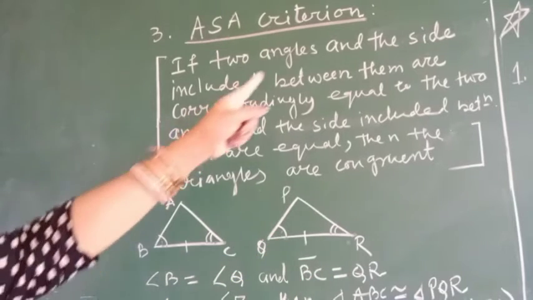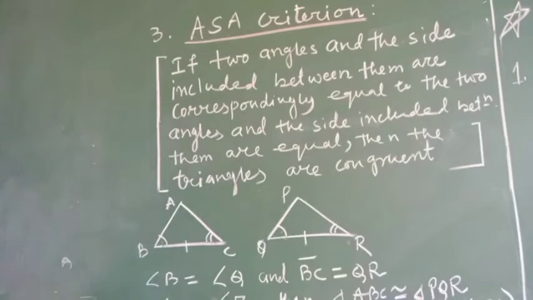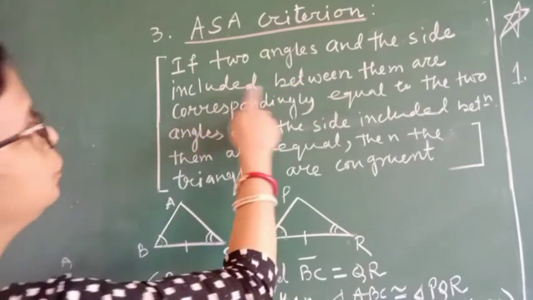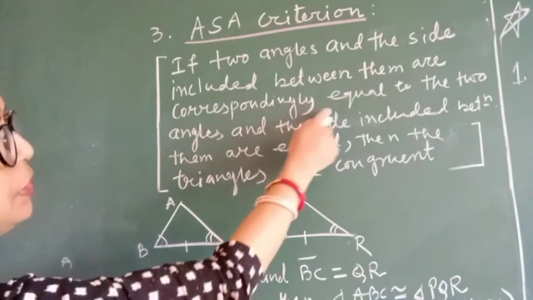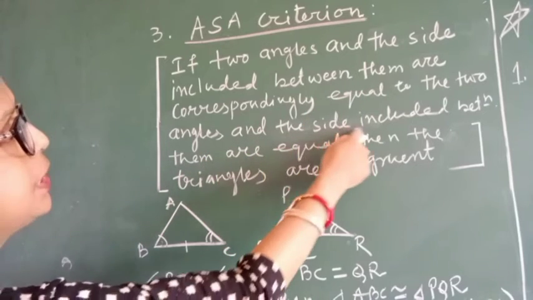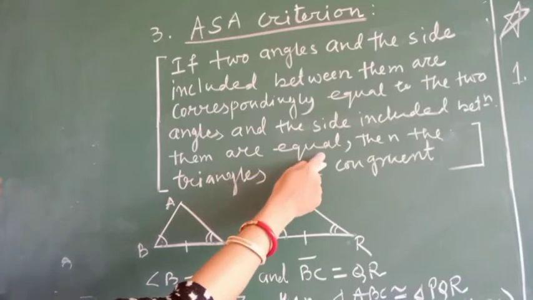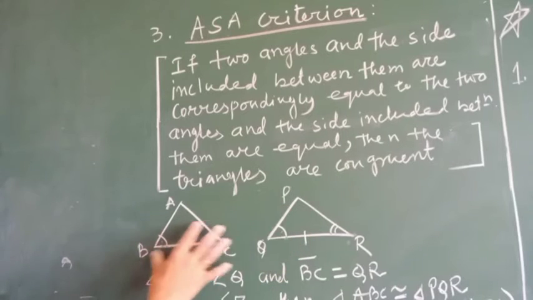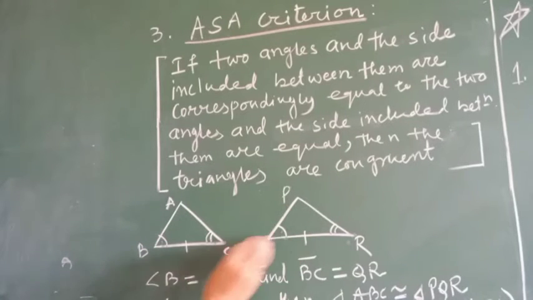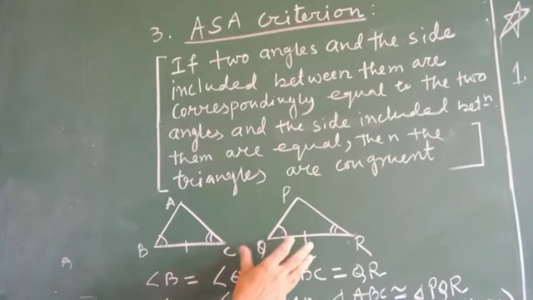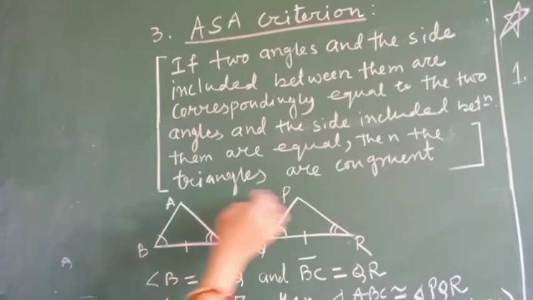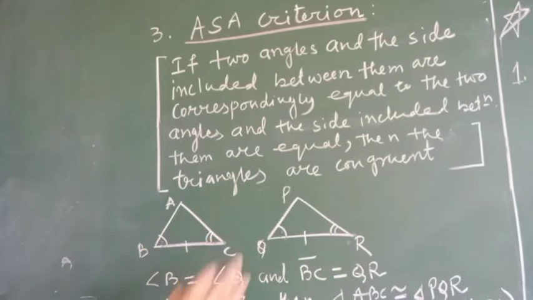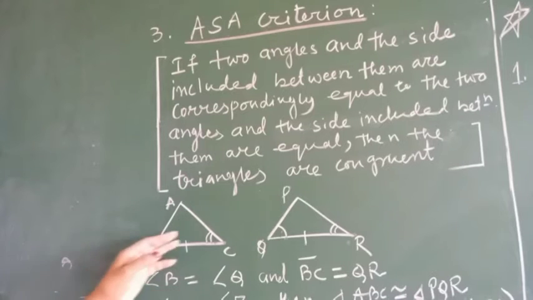So if the two angles and the side included between them are correspondingly equal to the two angles and the side included between them of another triangle, then the triangles are also congruent. If I place one over the other, the remaining parts will also be equal.